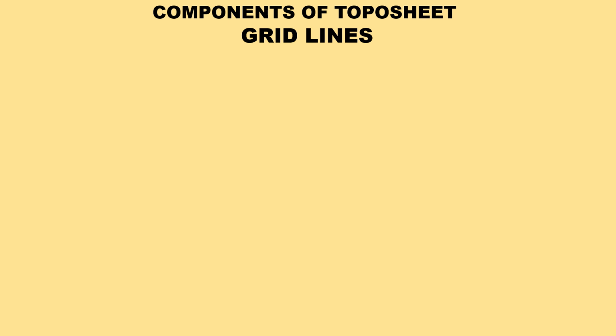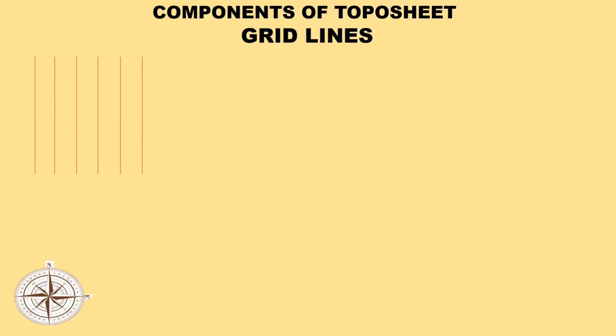Next, among the components of a toposheet, we have the grid lines. Grid lines are lines which are drawn across the whole toposheet in red color. There are certain grid lines which are vertically arranged like these, where the values increase in the east direction.